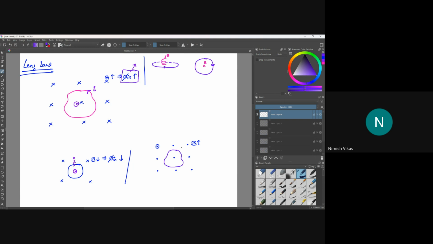Now the magnetic field out of the plane is increasing, which means the magnetic flux out of the loop is increasing. How do you oppose that? Create a field inwards. Clockwise. Yeah, very good. That's it, guys. So that is Lenz's law.